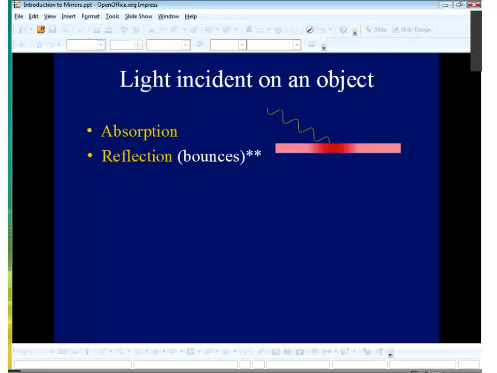Imagine some colors are hitting the rose, and after hitting the rose they reach your eyes, and the rose is not allowing some colors to reach your eyes. It is just absorbing them.